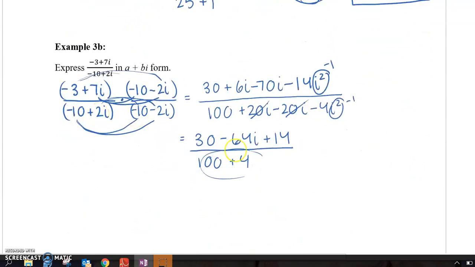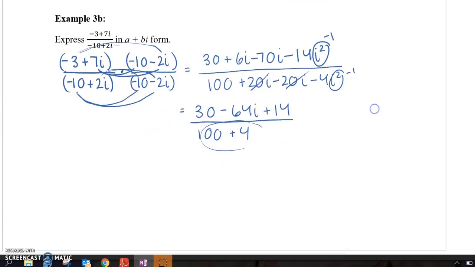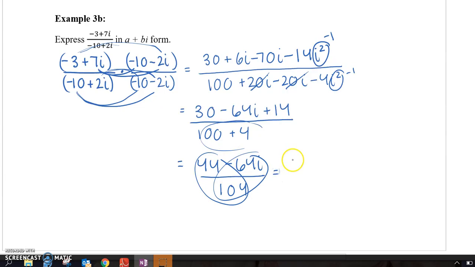You can always do it by writing it out like this too, it doesn't really matter. So this equals 30 plus 14, which is 44, minus 64i over 104. So we can do the Hart method. So we get 44 over 104 minus 64 over 104i.